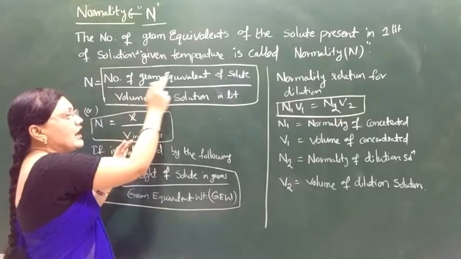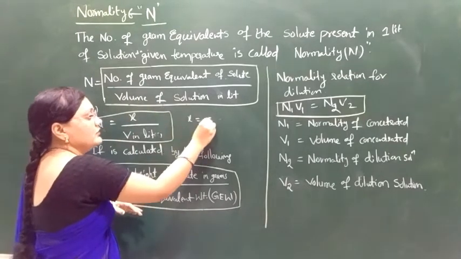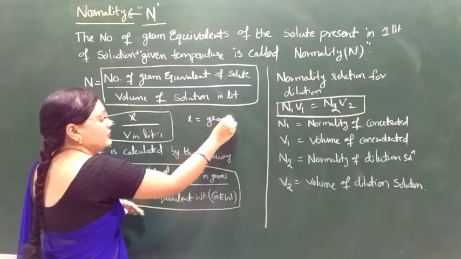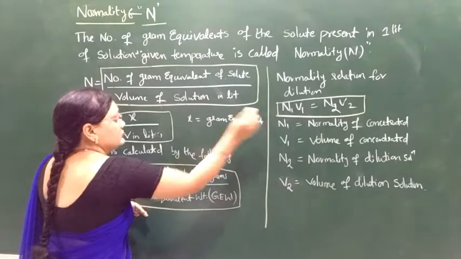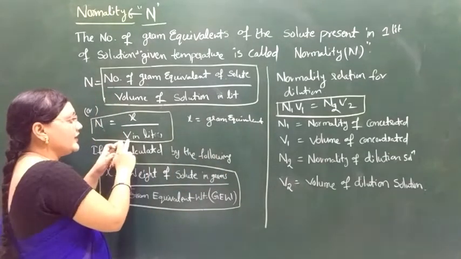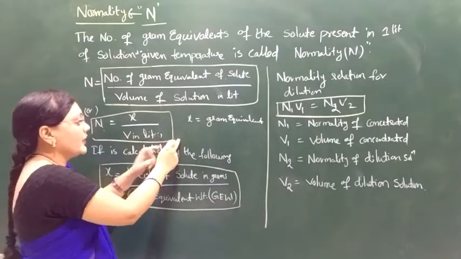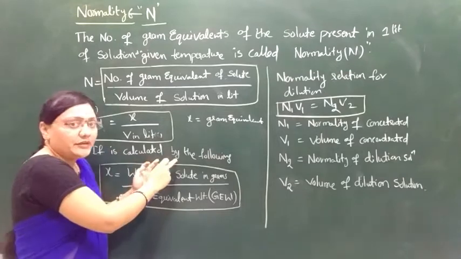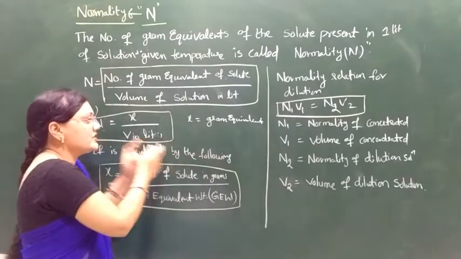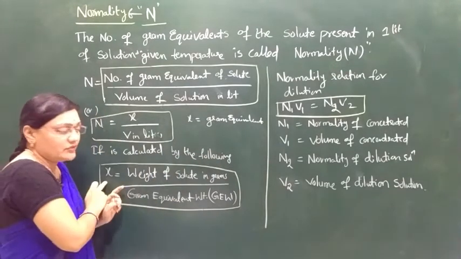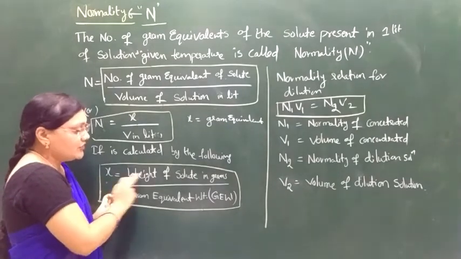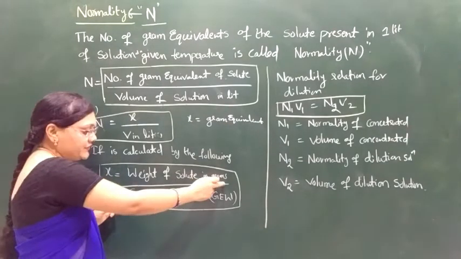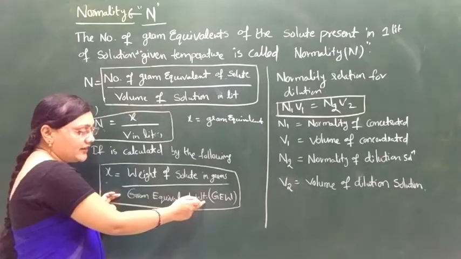X means gram equivalent, and V equal to volume in liters. And if it is calculated by the following relations, X equal to number of gram equivalents equal to weight of the solute in grams by gram equivalent weight.